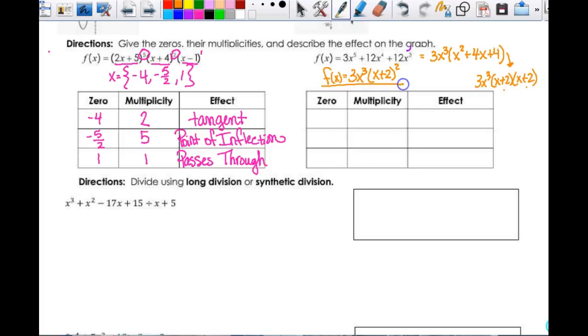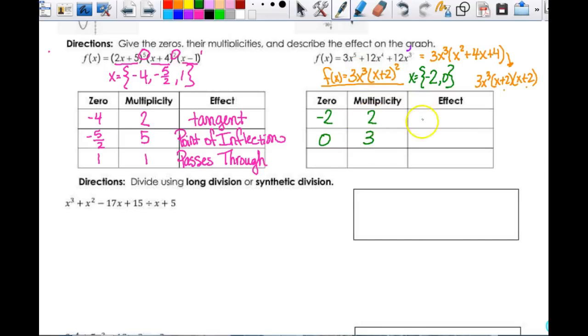And then this is my factored form, which means then that my zeros are going to be -2. And remember, this one is important. 0. It's also the easiest one, but we're making stuff up along the way. So I've got -2 and 0. My -2, the multiplicity is 2. The 0, the multiplicity is 3.